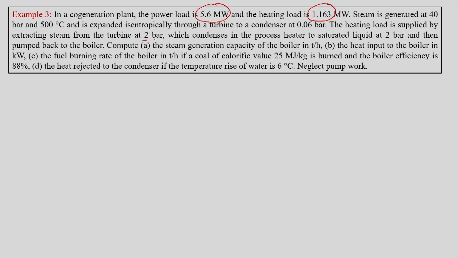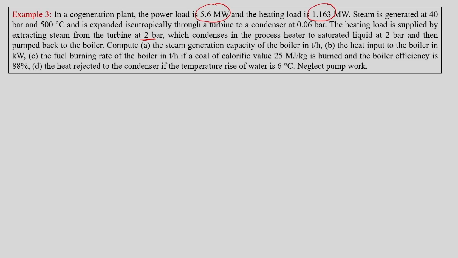So, the heating load is given at 2 bar condition, and then the rest of the steam condenses, or the steam taken for the industrial heating condenses in the process heater to the saturation liquid state at 2 bar and then is pumped back to the boiler pressure. Basically, it is a forward cascading type regeneration, except for the fact that this is not used for feed water heating.